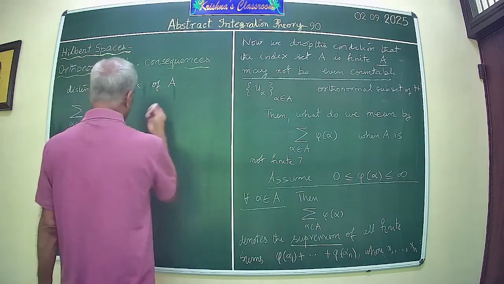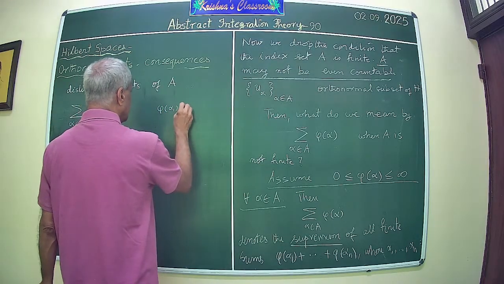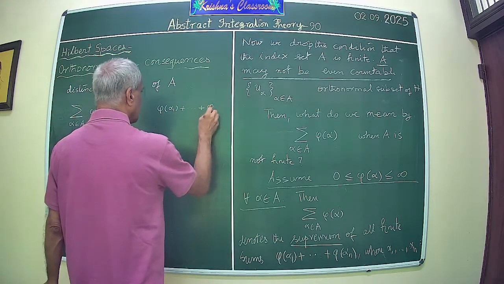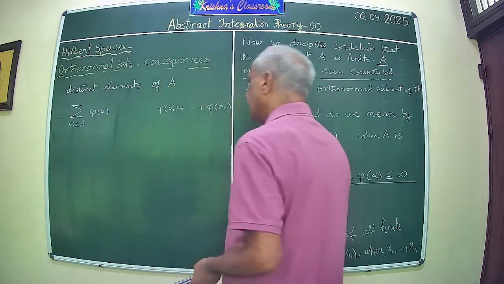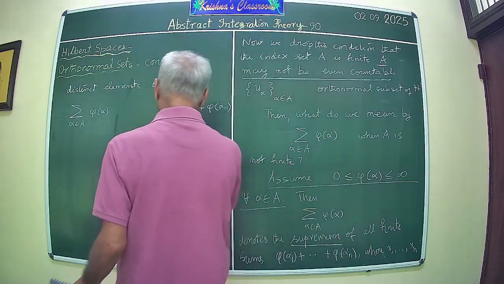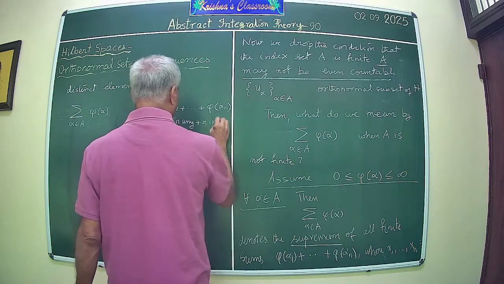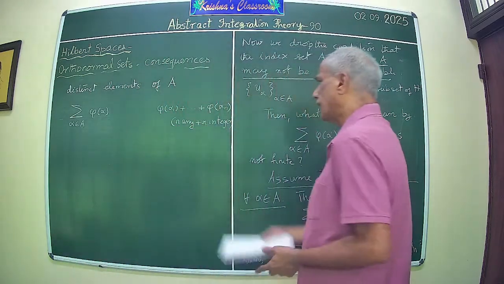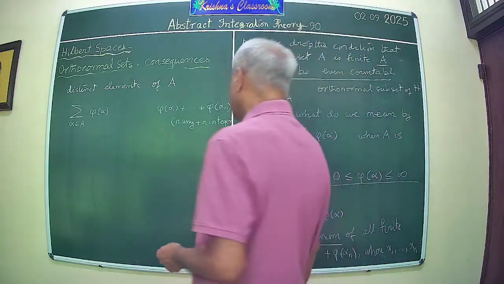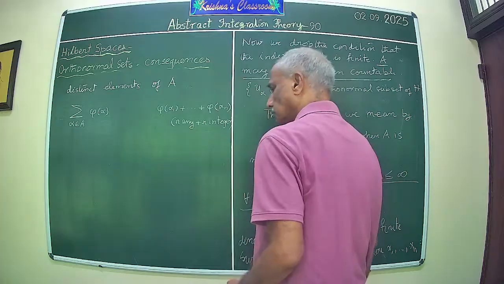We take all sorts of sums of the type phi alpha 1 plus up to phi alpha n, where n, of course, is any integer. So that this sum is a finite sum. Makes sense, because these are complex numbers, so this makes sense.